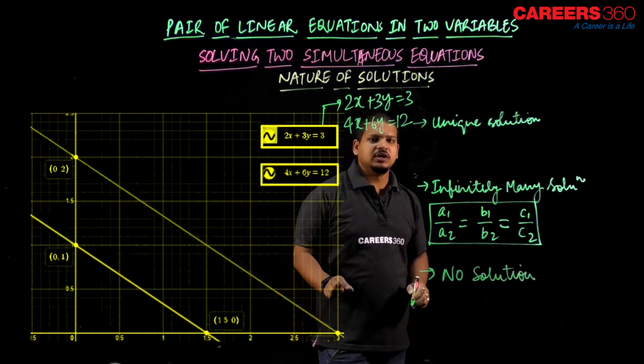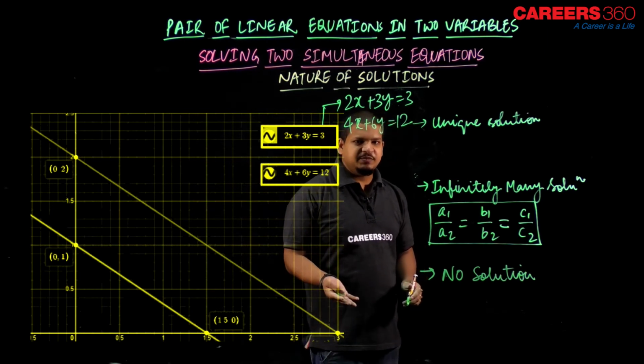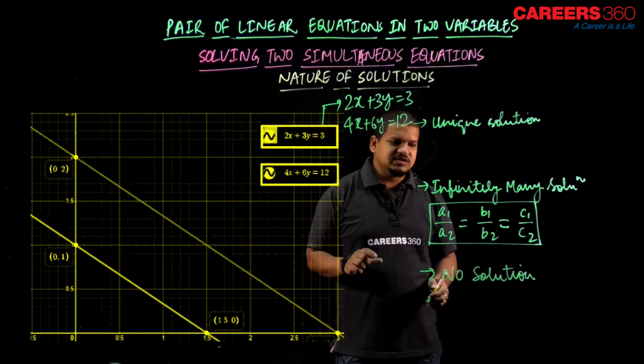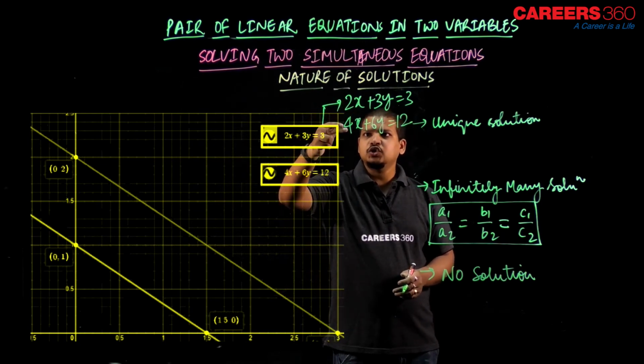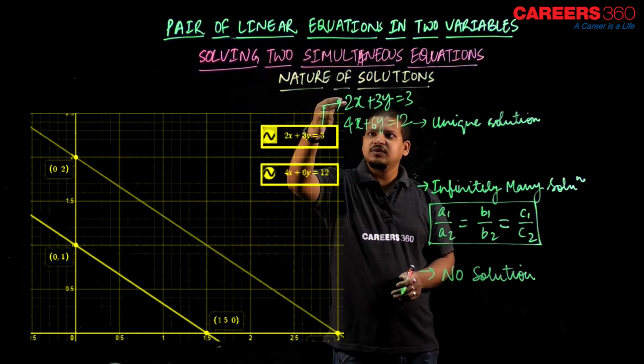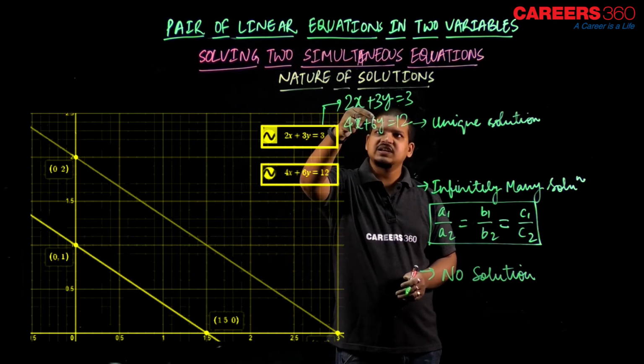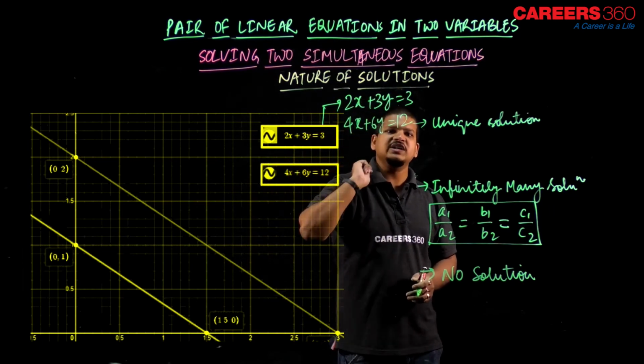This will give no solution. And how can we identify that particular equations will give me no solutions? Just have a look at that. 2 by 4, that is 1 by 2. 3 by 6, that is 1 by 2. But 3 by 12, that is 1 by 4.